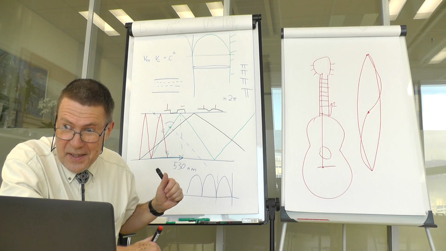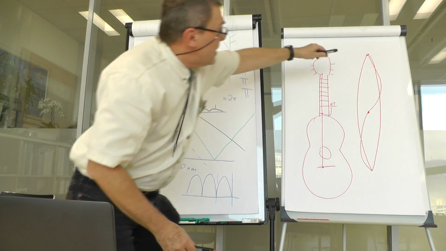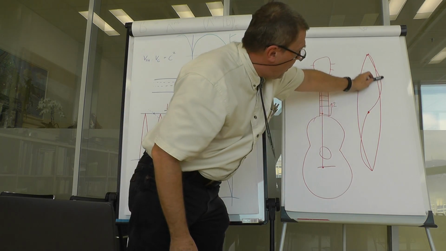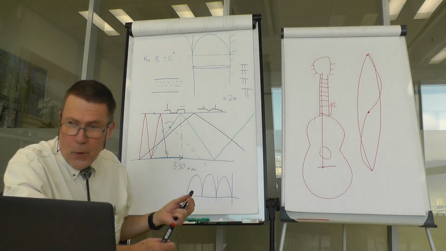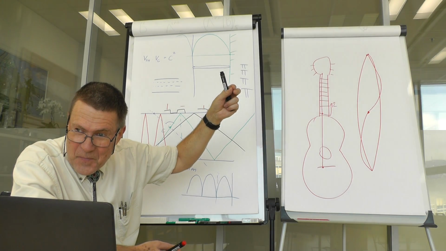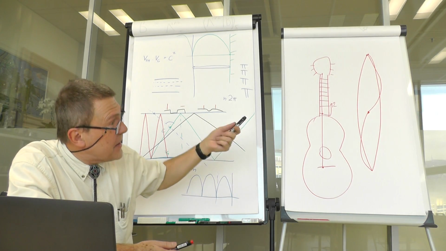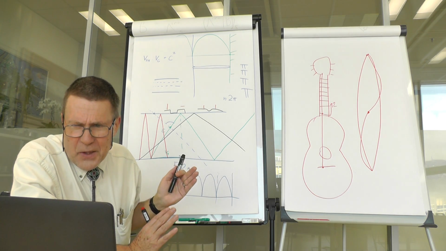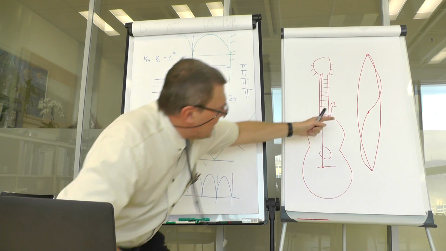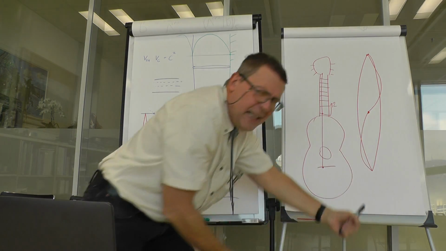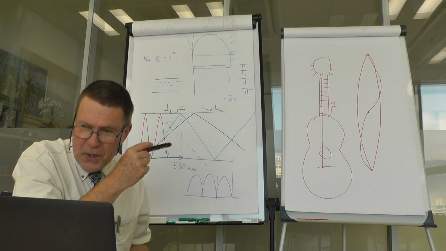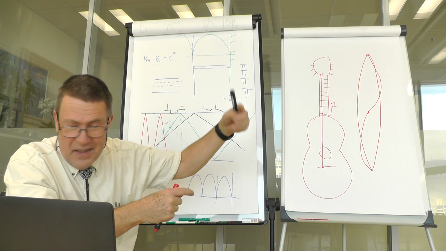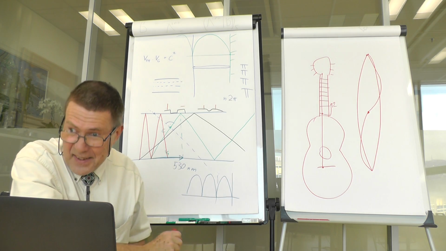exhibits modes. It can oscillate in this way for the full length, or it can oscillate with the second mode, 1 full wavelength for the length of the string. This is easy to do with the guitar. Then you also might do more complicated things like damping the string at other positions and ticking it, and you will find out that the string also can oscillate in thirds, in quarters, and so on of its length.